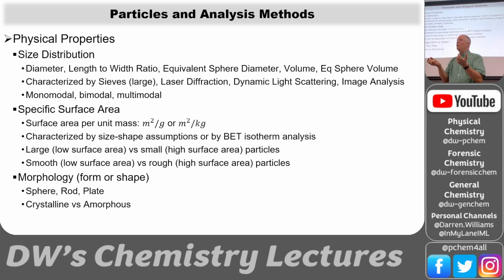So you're missing some moles of gas. And because you're missing some moles of gas, you can calculate how many moles of argon are on the surface of your particles. That's a short version of what the BET isotherm analysis is. So you cool it down, and the gas molecules adhere to the surface, so they're not in the gas phase. Then you can calculate how many moles of argon it took to cover your particles, and that way you can get the surface area of your particles. It's a pretty common analysis. It's a little technical, but you can have instruments that do that for you.